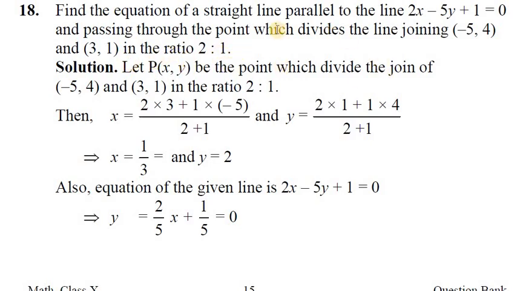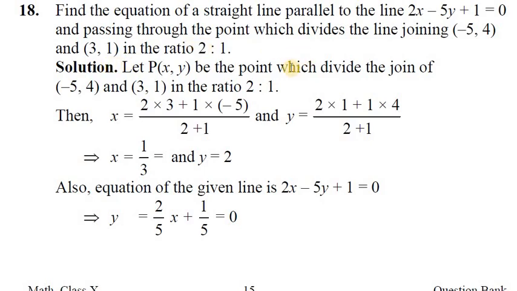So here we have to find the equation of the straight line which is parallel to this one. One condition is given, that it is parallel to the given line and passes through a point. The point is not given directly; the point of internal division in the given ratio is to be found, and the points are given.